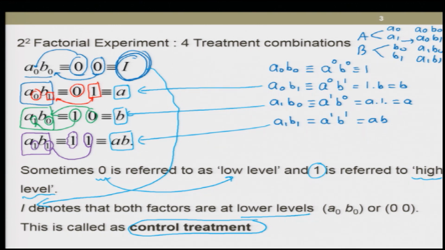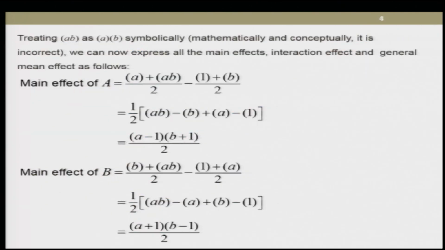So these are different ways by which you can denote the different treatment combinations, and one can use any of the approaches; they will give you the same output. Now let us come to another aspect, but before any further step, let me explain one thing. When we wrote AB, the meaning was that factors A and B are both at higher level.